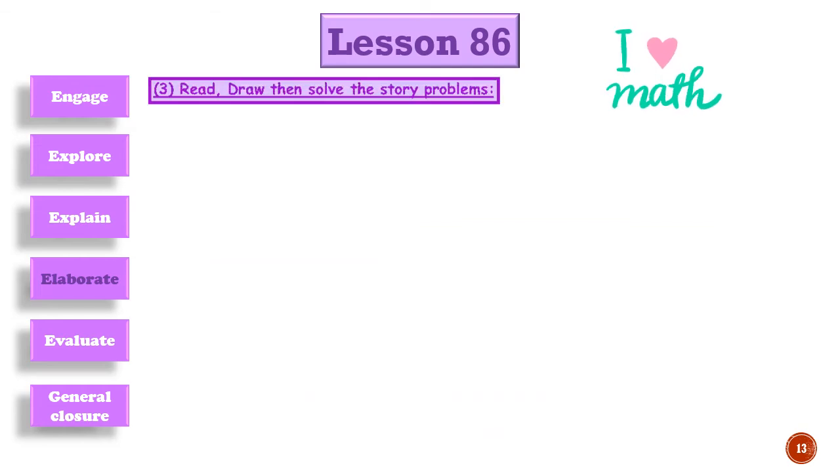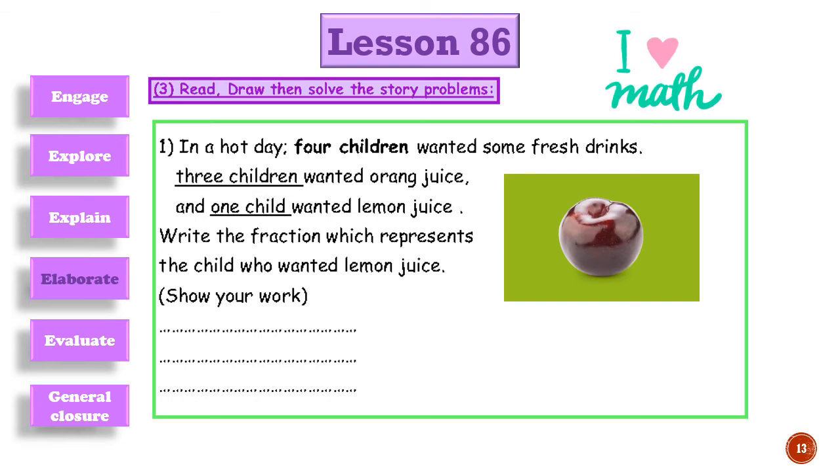Now let's go to a new type of exercise, story problems. First of all, we must read it carefully. Okay? On a hot day, 4 children wanted some fresh drinks. 3 children wanted orange juice. And 1 child wanted lemon juice. Before we continue reading, we need to represent these fractions. First of all, how many children here? Yes, 4.